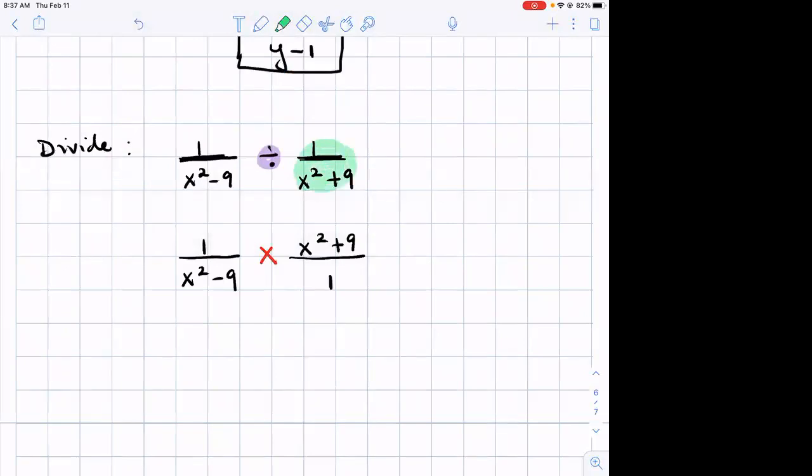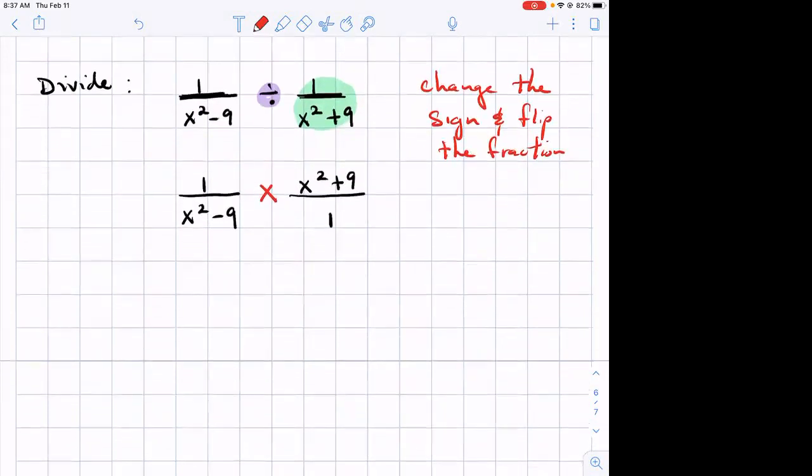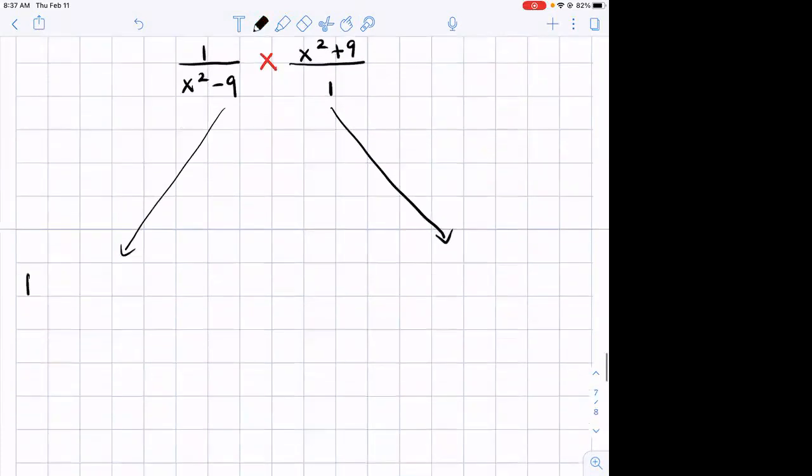Change the sign and flip the fraction. Okay. And now we go through with the same idea as we did before for multiplication. So I'm going to break this into two. We want to factor the top. I want to factor the bottom.